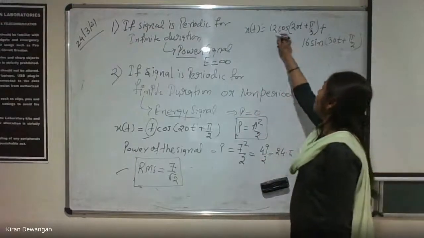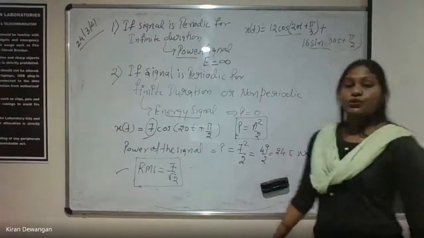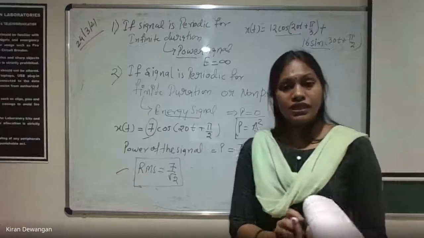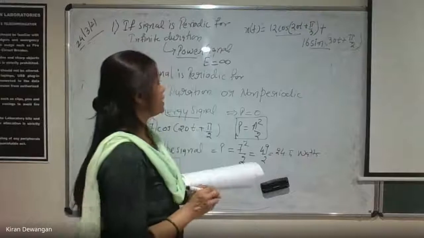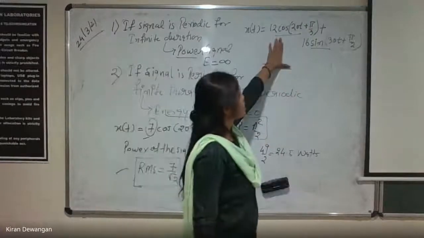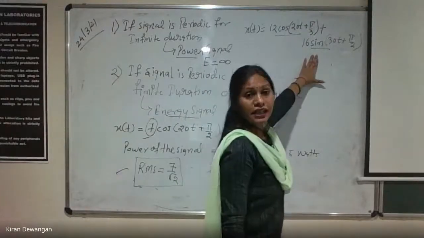Here we have the sum of two individual signals, one is a cos signal and another one is a sine signal. So the cos is the first signal and the second is the sine signal.